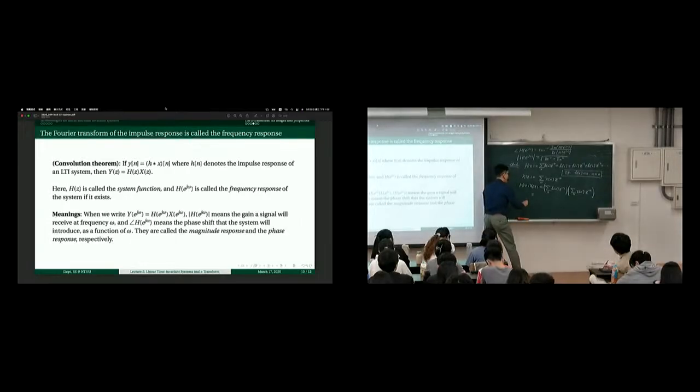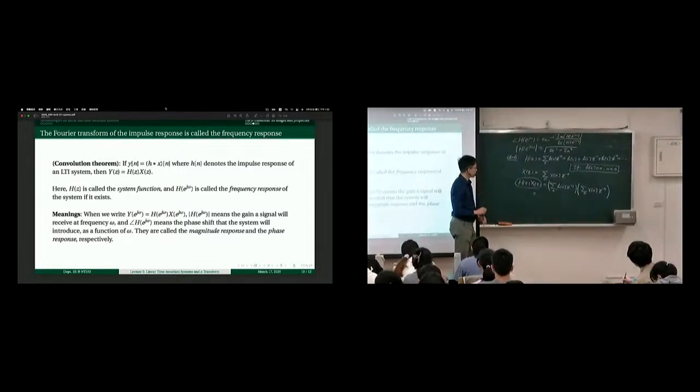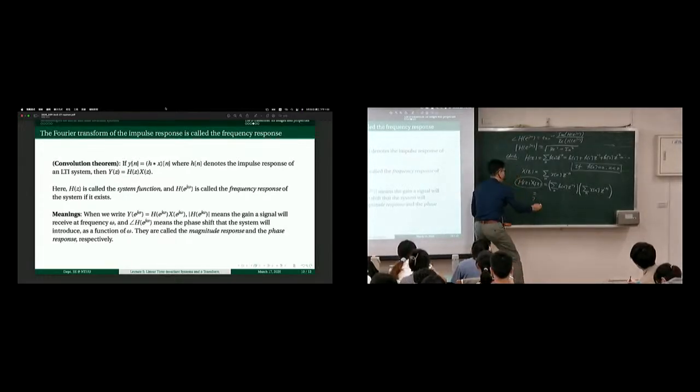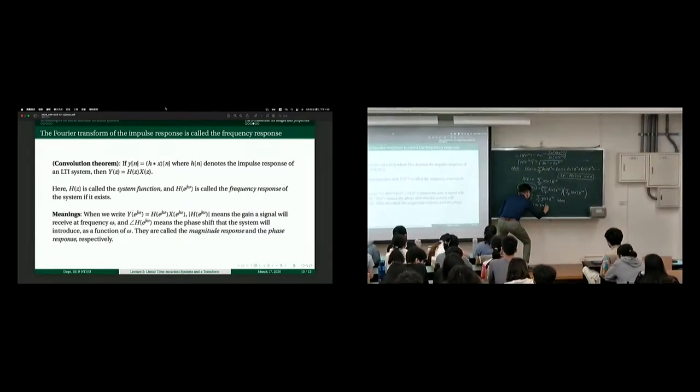The question is whether or not the result is the summation over n of y n z to the minus n, where y is the convolution of x and h.